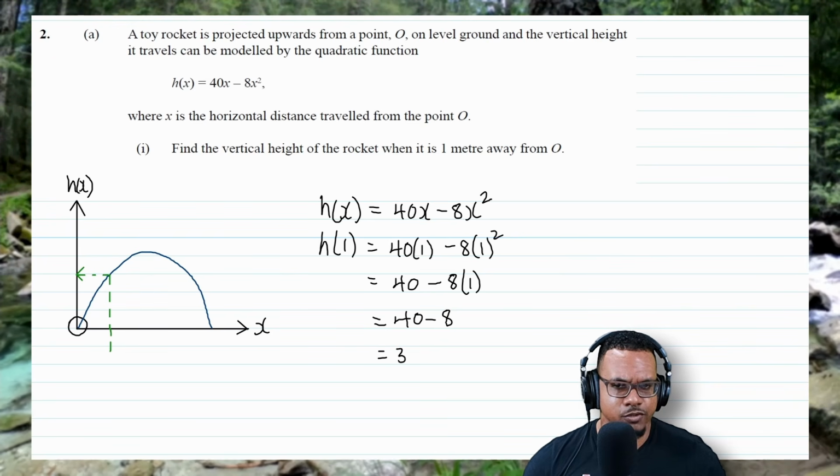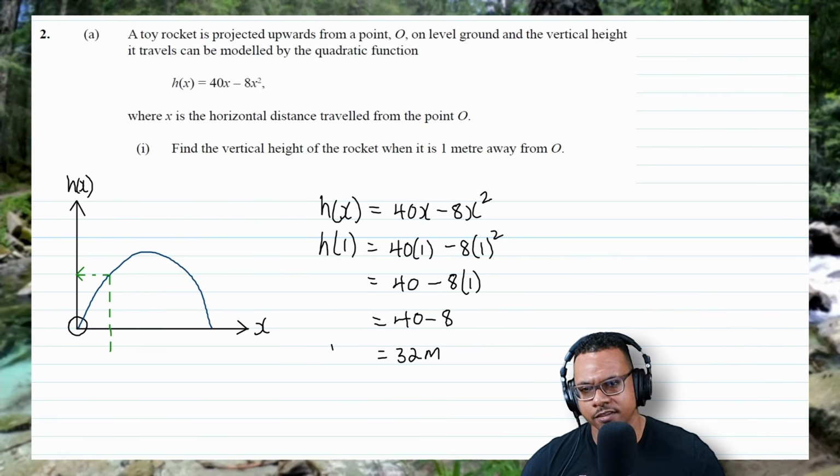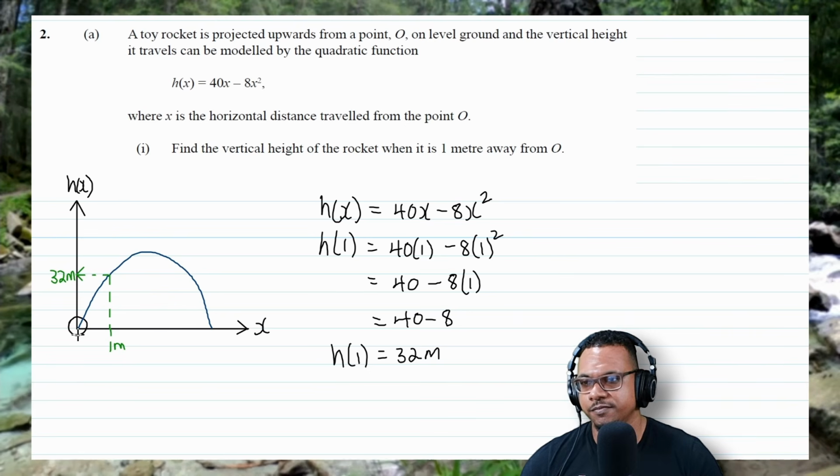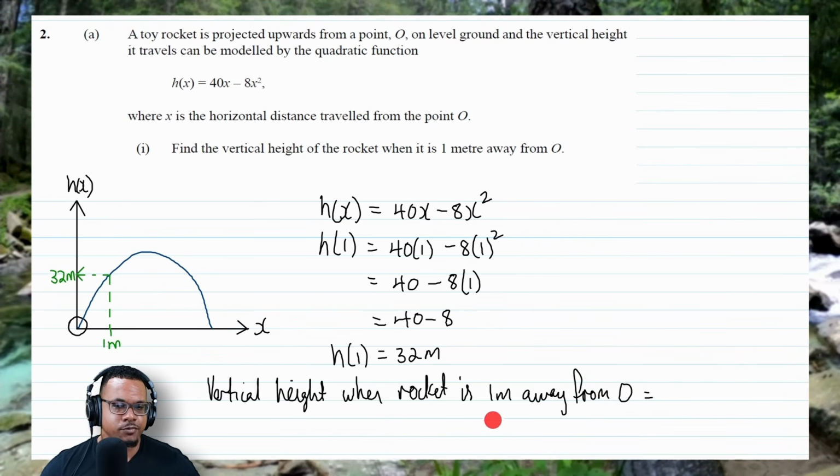So that's equal to 32 meters. So h(1) is 32 meters. That just means the height here is 32 meters when the horizontal distance is 1 meter. So my vertical height when the rocket is 1 meter away from O would be 32 meters.